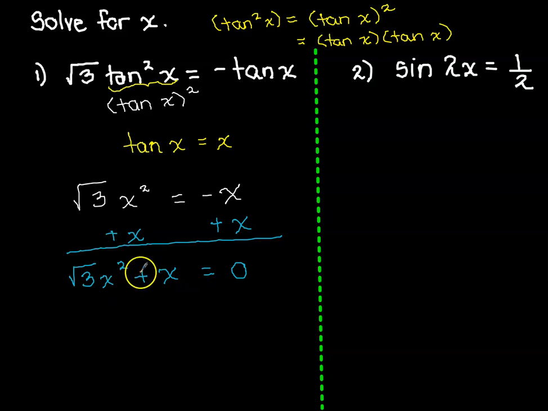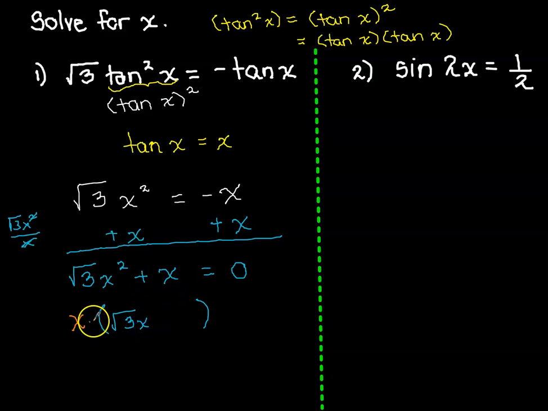But these two terms have a GCF. Their GCF is x. So if I divide x out of each one of these terms in the parentheses, and I'll take a sidebar here, square root of 3 x squared, if I divide x out, I'm left with square root of 3 times x.